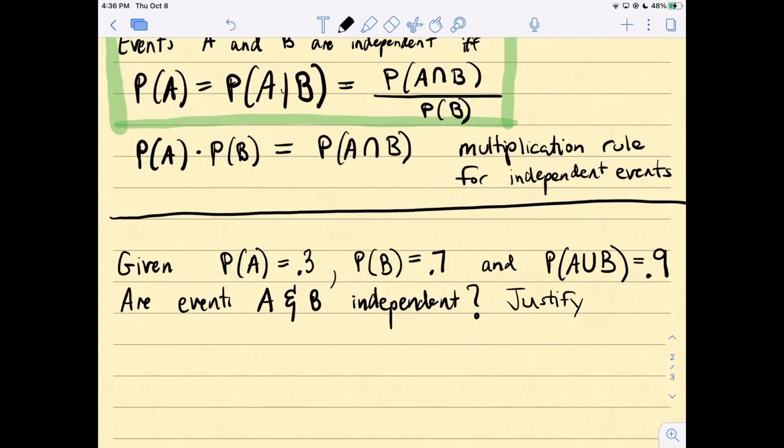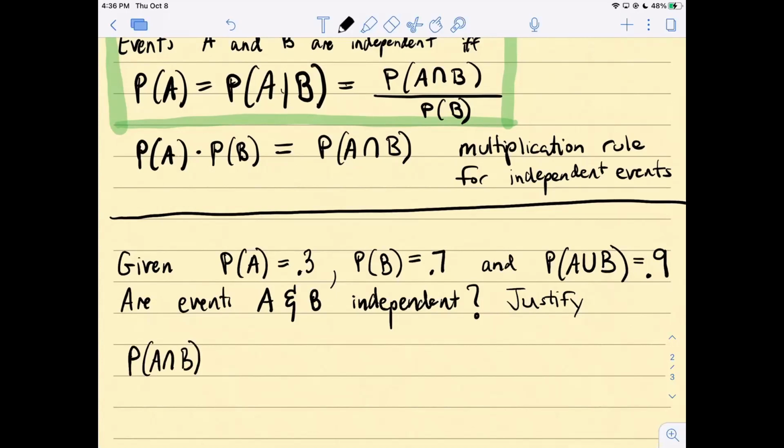Well, I can kind of get how you get there. I haven't fully finished yet, but if you use the concept we did on Tuesday, where you can rearrange the equation to find the and, that you then do the and is P of A plus P of B minus the union.